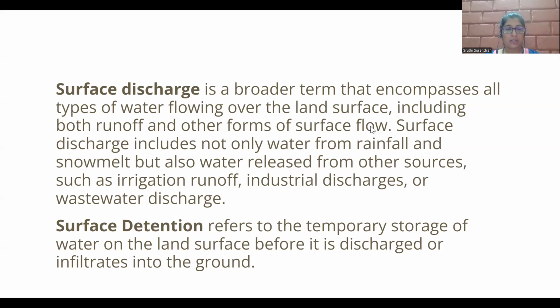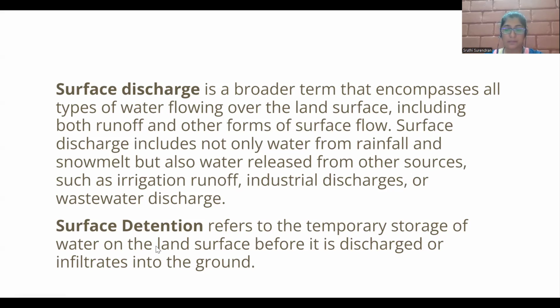Now, surface detention. Just like the term means, detention is storage. We know that water, before flowing down, will be stored until a proper slope or the required condition for its flow occurs. So that temporary, very short-term storage of water on the surface is called surface detention.